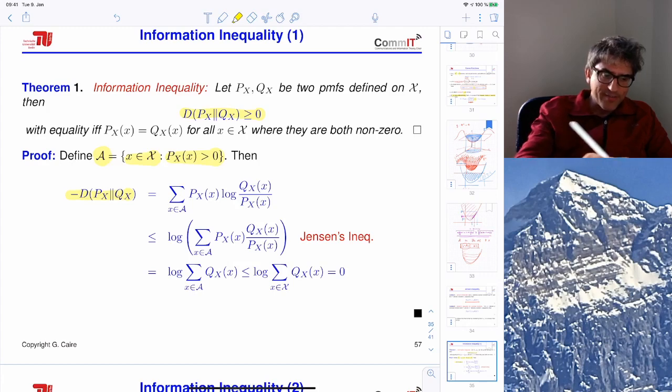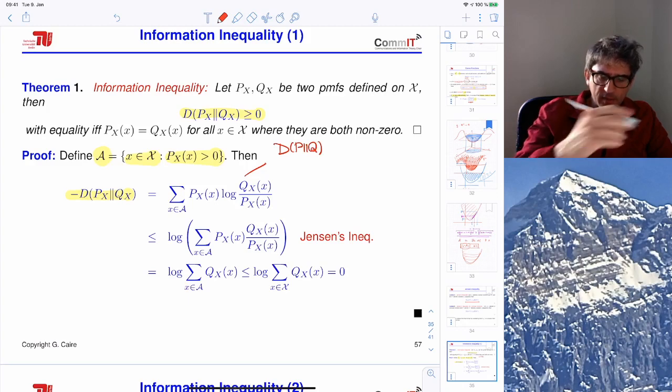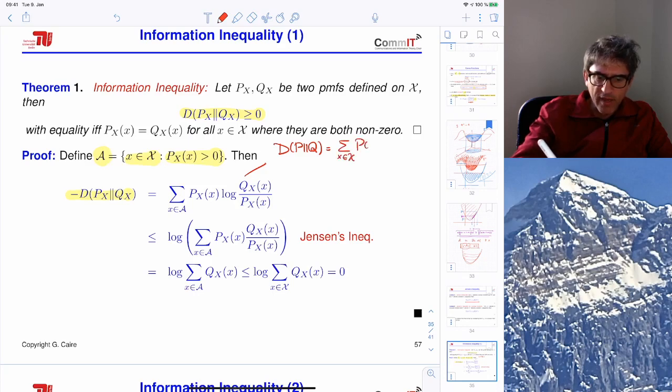The divergence is defined in general, let me write it here as a reminder, D of P and Q. I will neglect the subscript X because otherwise it's too heavy to write, is the sum over x in alphabet X of P of x log P of x over Q of x.